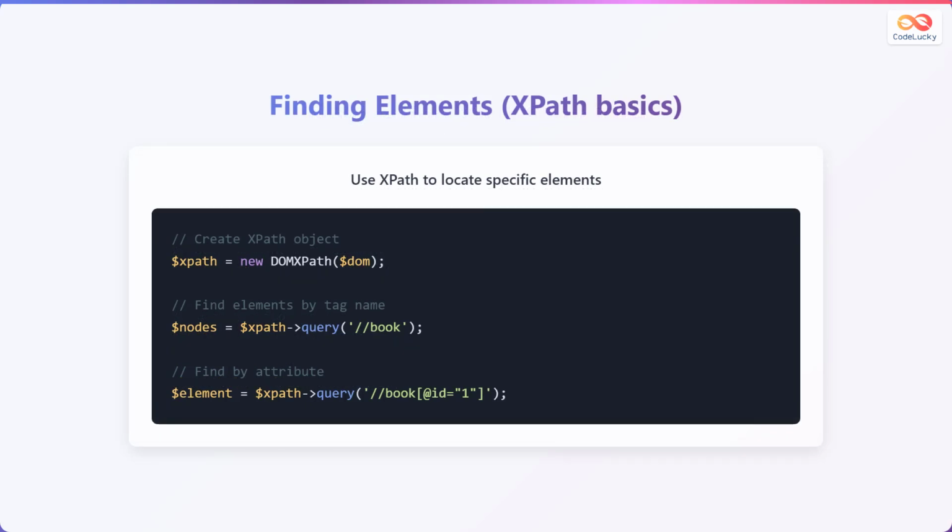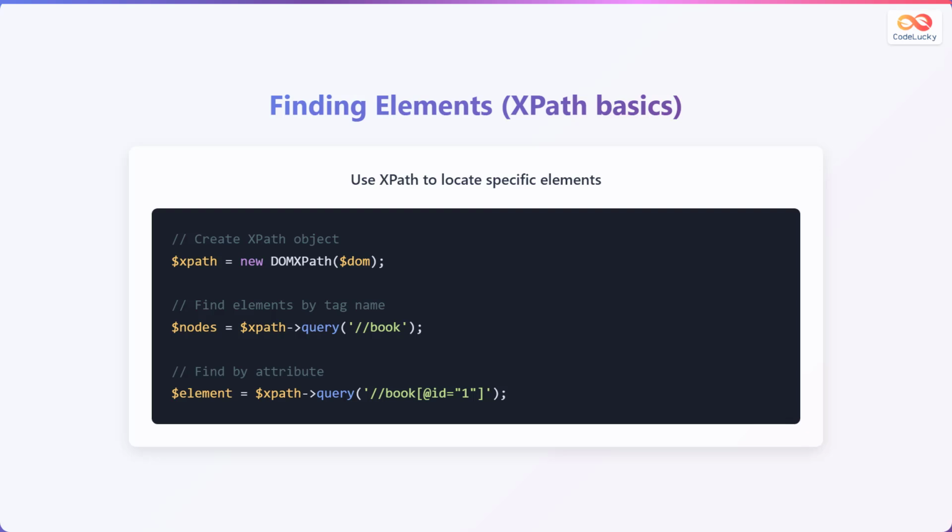To locate specific elements within an XML document, XPath is very helpful. Here are the basics of using XPath to find elements. First, create a DOMXPath object, passing the DOMDocument instance to its constructor. To find elements by tag name, use the query method with an XPath expression like //tagname.